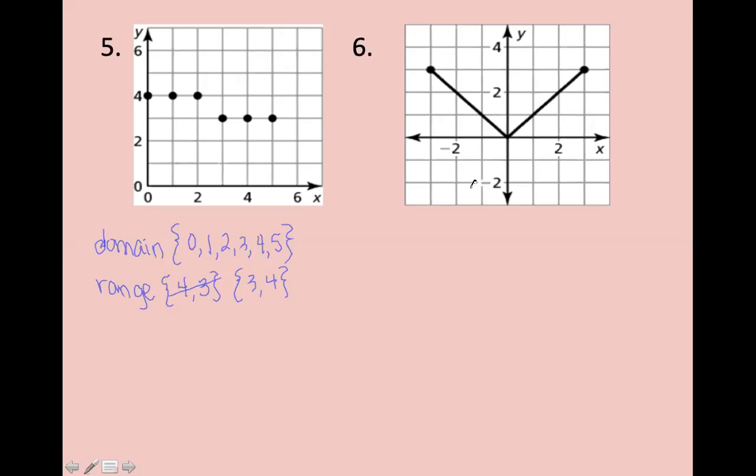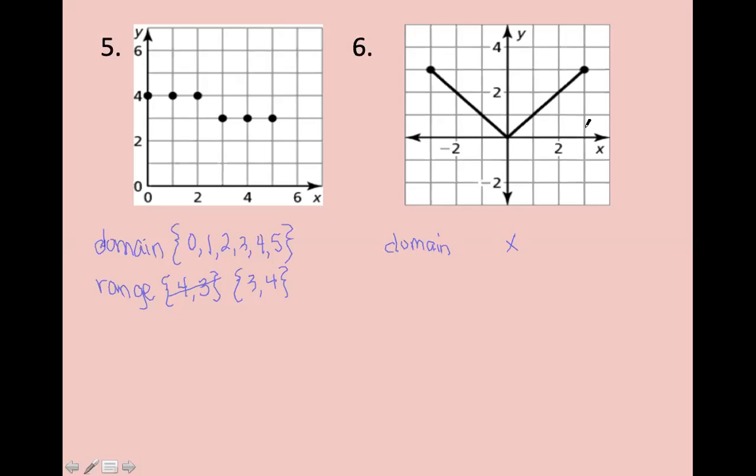All right, on number 6, it's a little trickier because we don't have separate points here. There are infinitely many points on this V shape here. So let's talk about what our domain could be. We know it's X values. So I know it has something to do with X. The biggest X value I have is all the way over here.